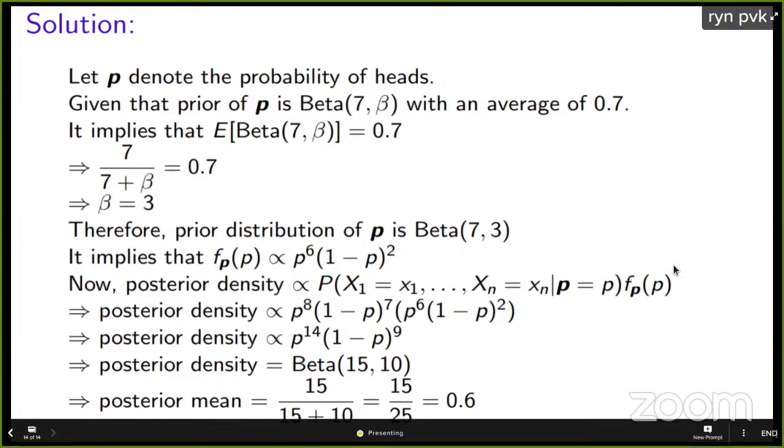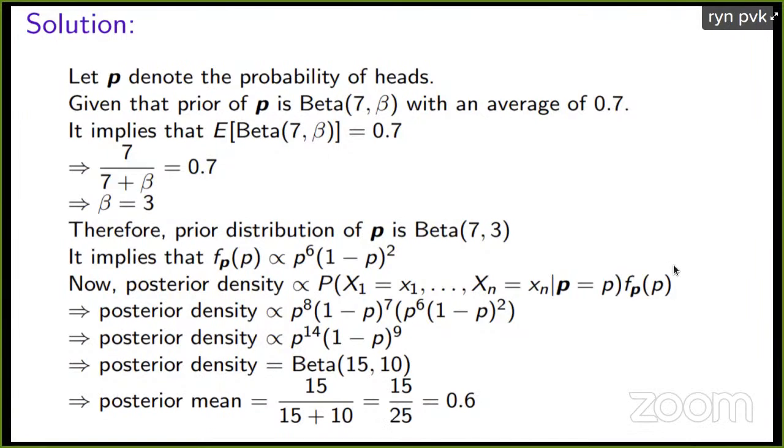So whenever we get the distribution for beta, for the posterior, we always do plus 1, right? Meaning if p raised to the power 14 is there, then in the distribution we write 15 comma 10.